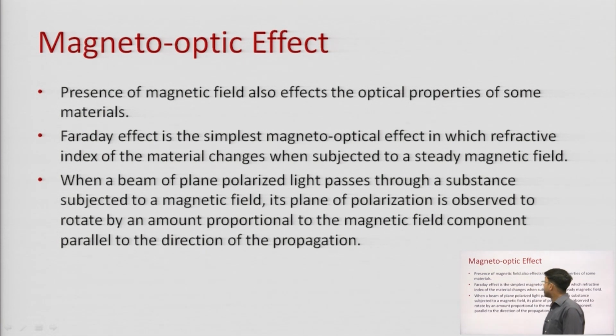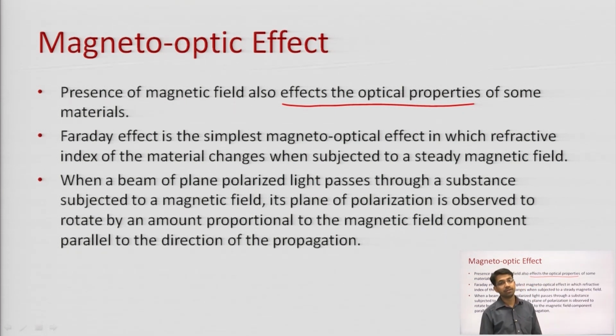The presence of a magnetic field also affects the optical properties of some optically active materials. There are various magneto-optic effects. Out of these, there is one that is called the Faraday effect.